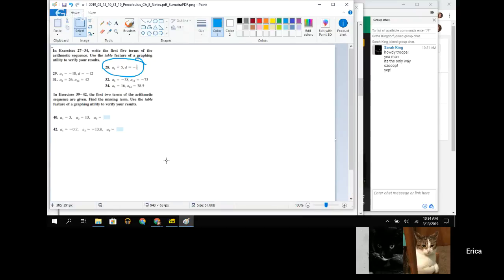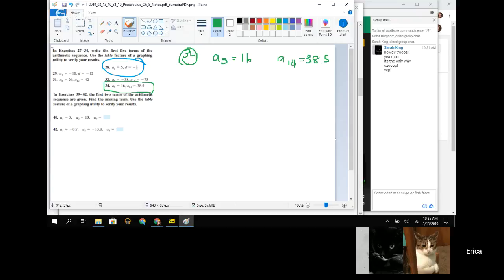So 34 is a sub 5 equals 16, and a sub 14 equals 38.5.